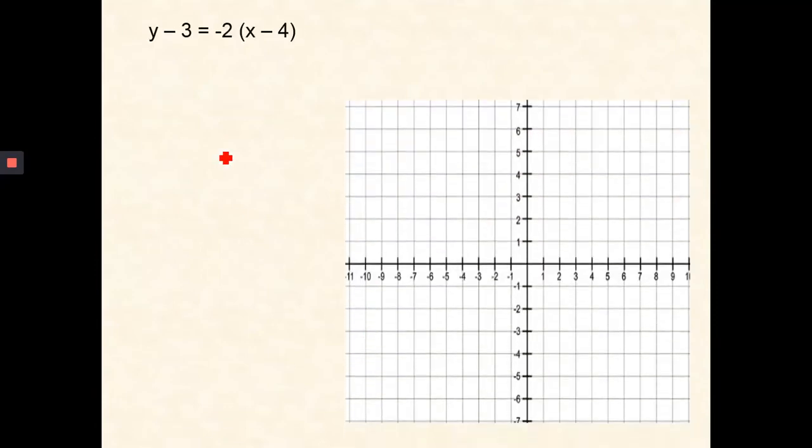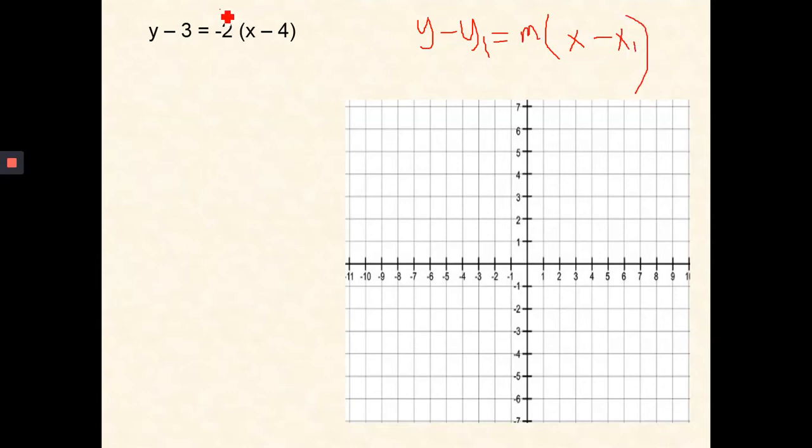The next one we have here: y minus 3 equals negative 2 multiplied by the quantity x minus 4. The given equation is written in this form: y minus y sub 1 is equal to m multiplied by the quantity x minus x sub 1.